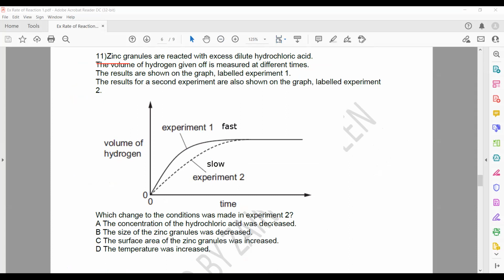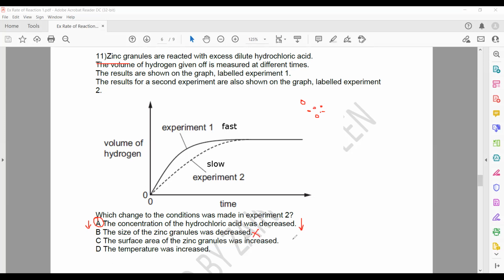The concentration of hydrochloric acid decreases. If we decrease the concentration, the rate will decrease. So that's why A is the right answer. The size of zinc granule decreases: if we decrease the size of the zinc granule, the surface area increases, so the rate should also increase.